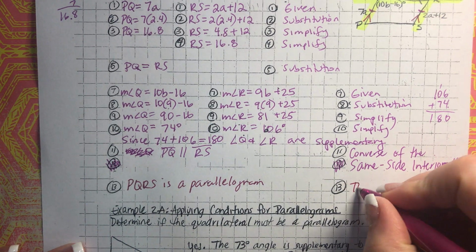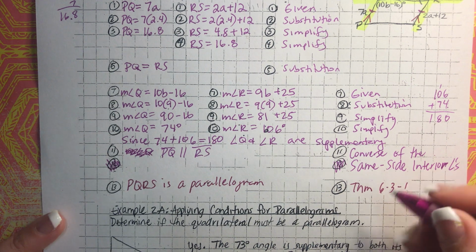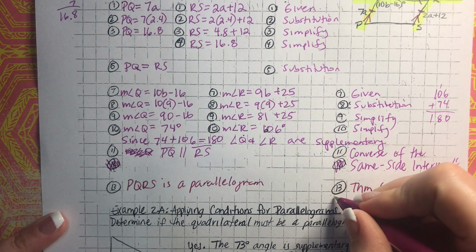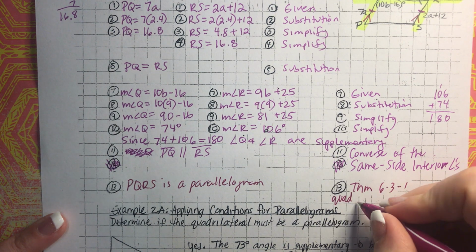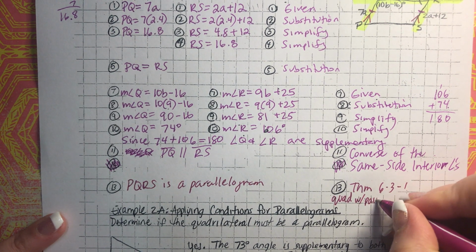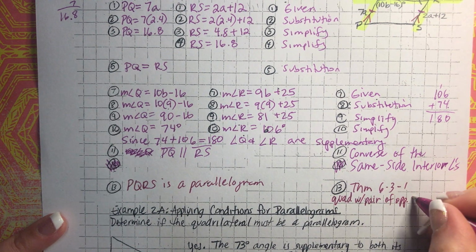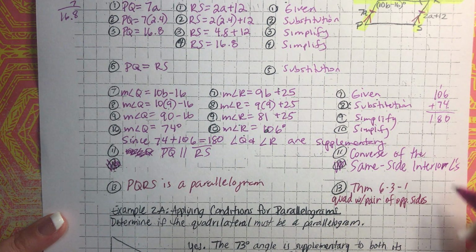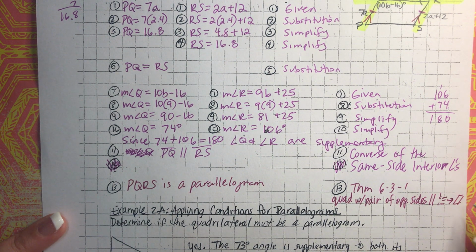Theorem 6.3.1. Theorem 6.3.1, but I think I'm just going to go ahead and say it. So a quadrilateral with pair of opposite sides parallel and congruent, then it's a parallelogram.